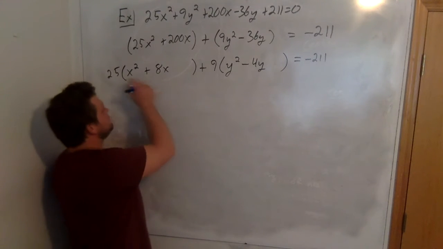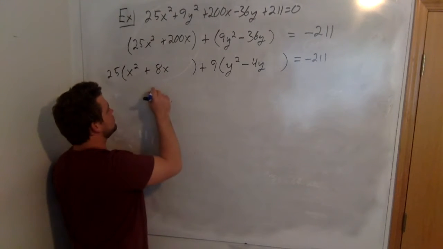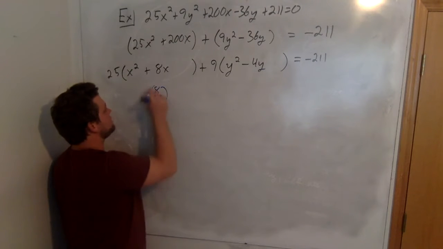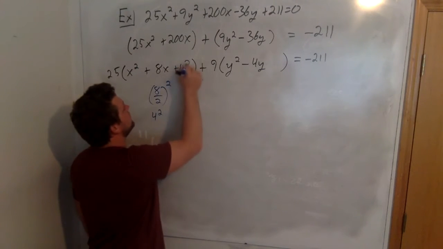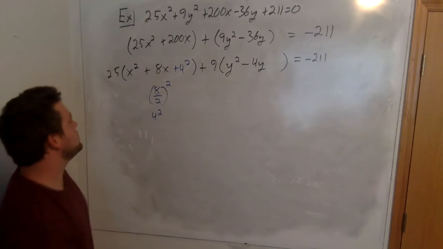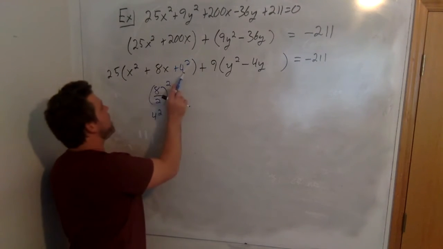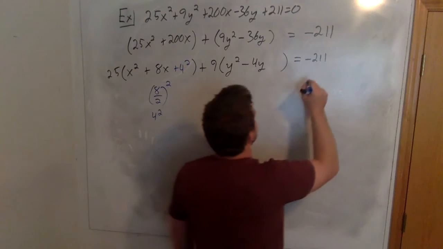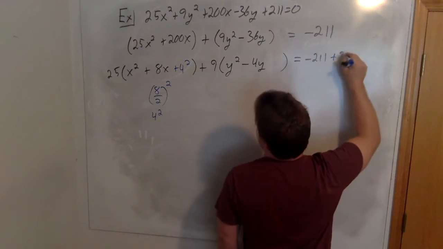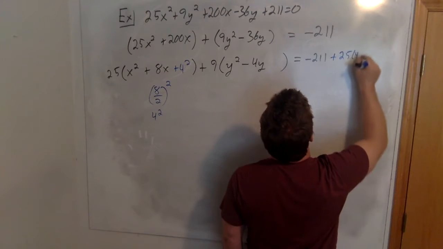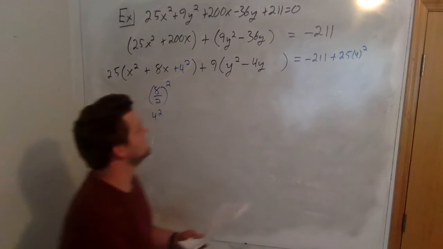Okay, let's complete the square on x. We'll take that 8, cut it in half and square it. So we'll want to add a 4 squared inside the parentheses. But really, we added 25 times 4 squared on the left, so we'll need to add 25 times 4 squared on the right to make sure everything's balanced.